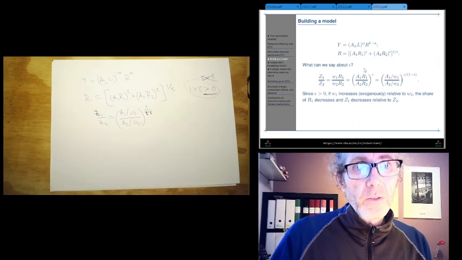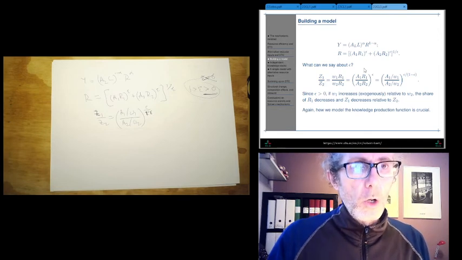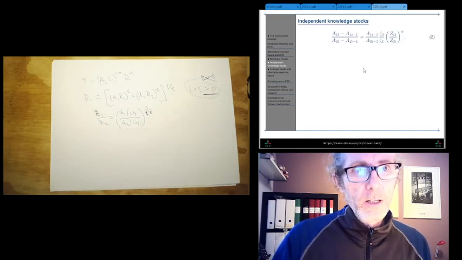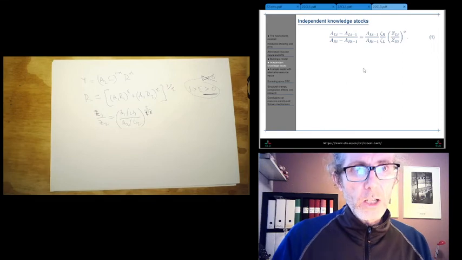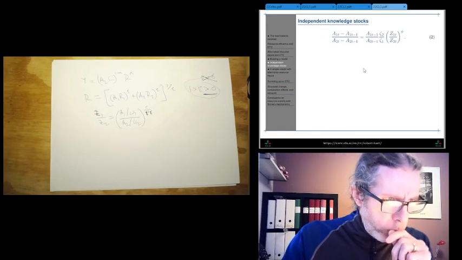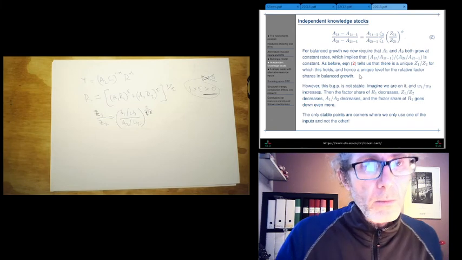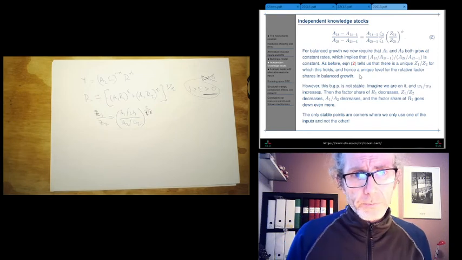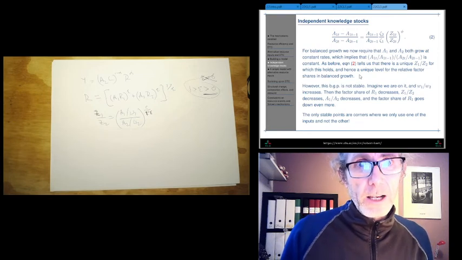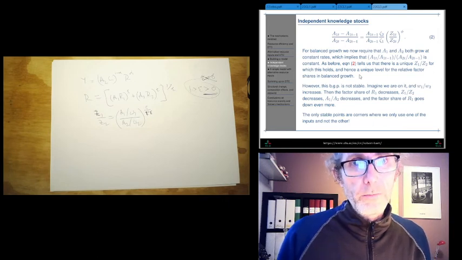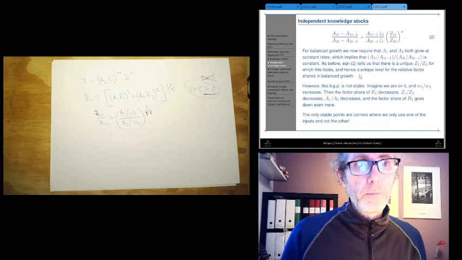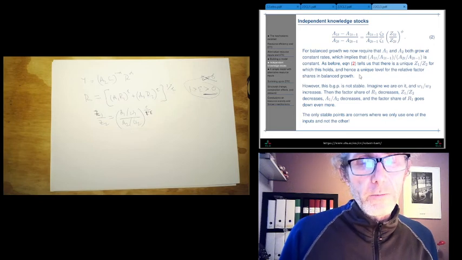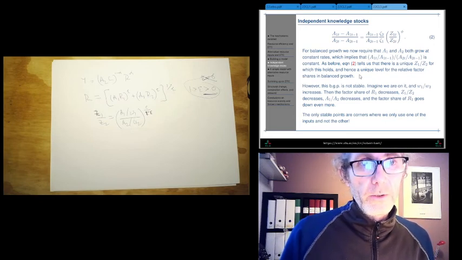And this of course has a dramatic effect on the properties of the model if we again go for our sort of discredited idea of independent knowledge stocks. Again, we shift the L's and R's to 1s and 2s. And again, the explanation here isn't great. The point is that there's a specific value of A1t over A1t minus 1 divided by A2t over A2t minus 1 that gives balance. That means there's a specific value for Z1 over Z2 that gives balance.